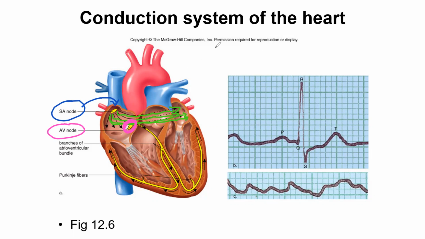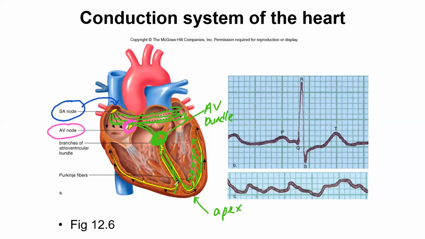It then takes that electrical signal and transmits it this way, down the middle, where it hits the AV bundle. The AV bundle is not listed here, but it's basically right in this area. The AV bundle will then slow everything down and separate the signal into left and right sides. So it goes downwards toward, if you remember, the apex of the heart, and then starts curling upwards along the walls of the ventricles.